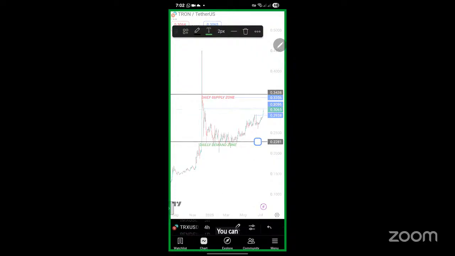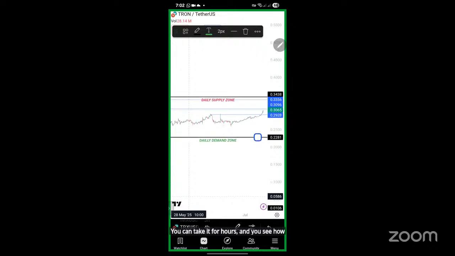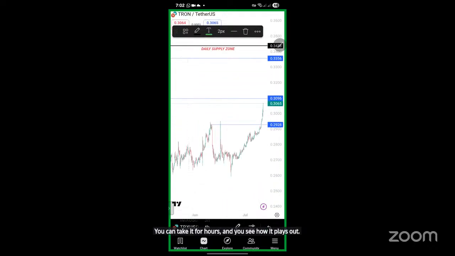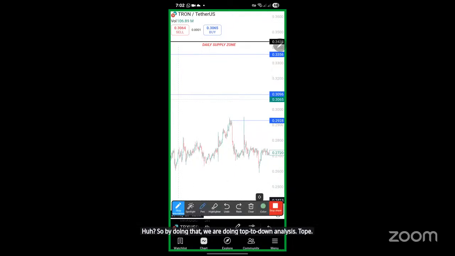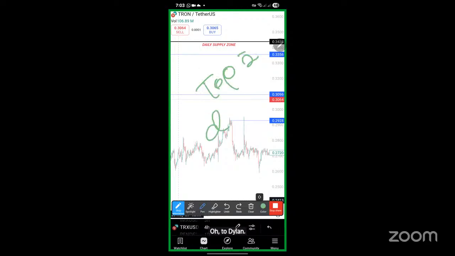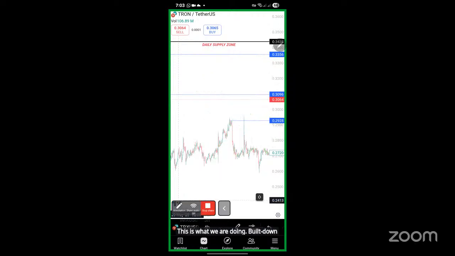You can take it for hours and you see how it plays out. So by doing that, we are doing top to down analysis. This is what we are doing.